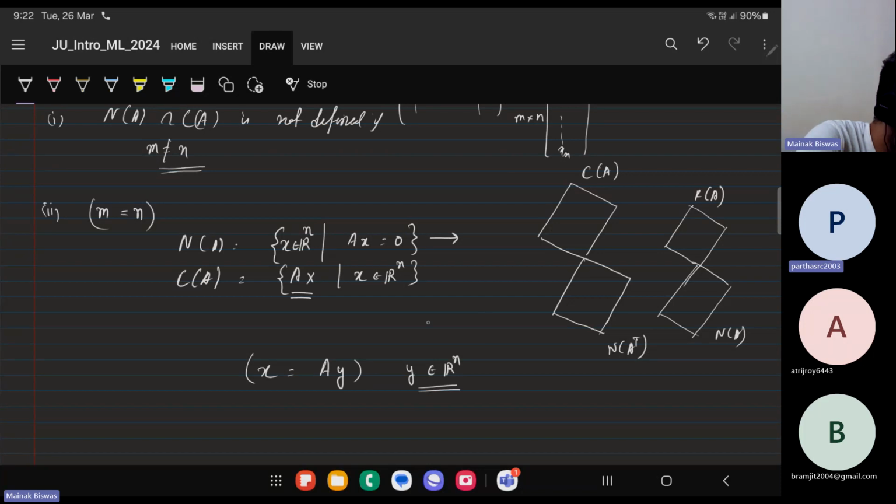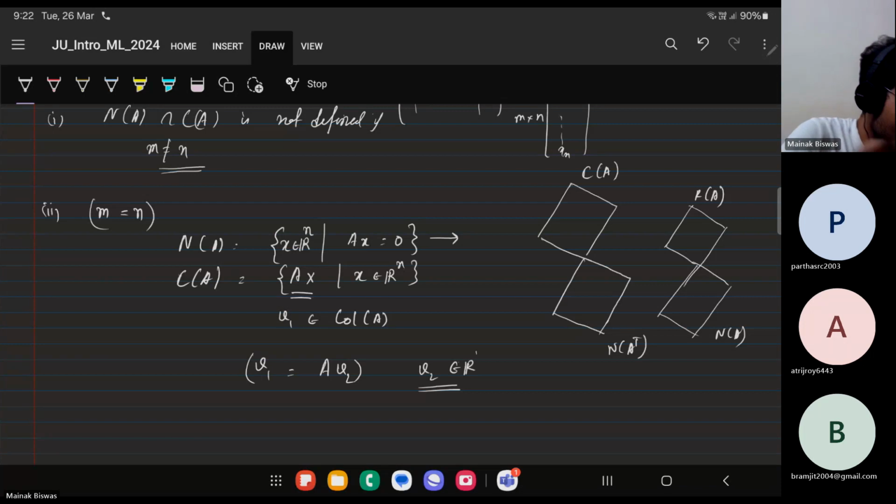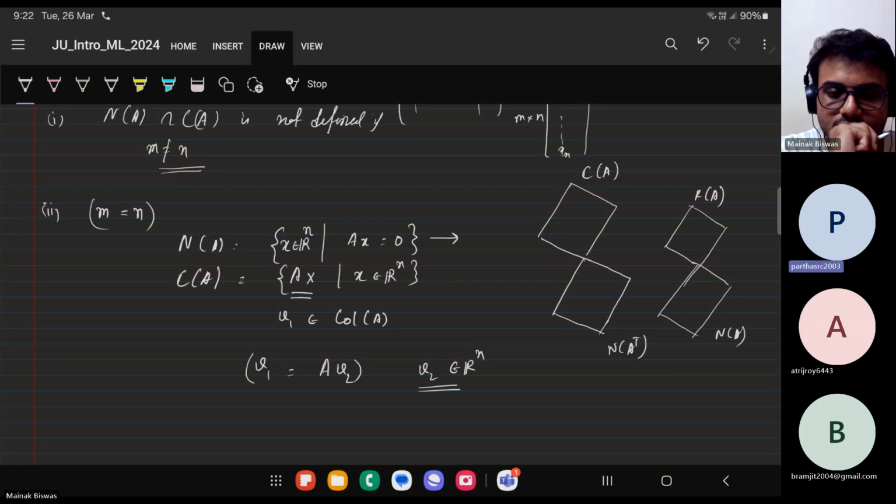So as not to confuse you, let me write v1, v2. Say v1 belongs to the column space of A, right? So v1 can be written as A v2. Yes or no? Agreed? Yes, agreed. Good.